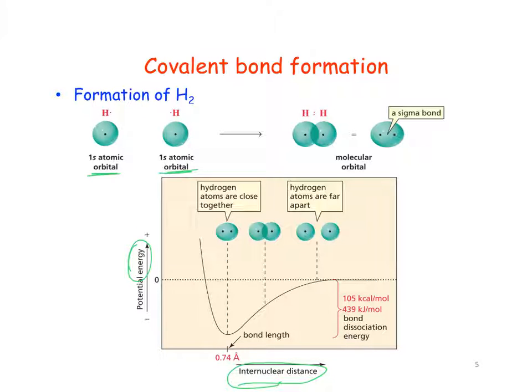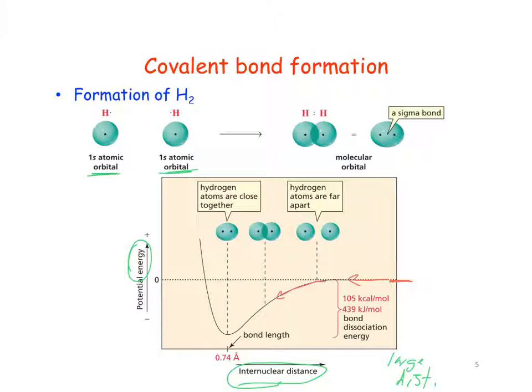If far apart is out here, this is a large distance, and right here is the energy of just the hydrogen atoms. As we come together, notice that the energy starts to go down, because there's an attractive force between these 2 hydrogen atoms.